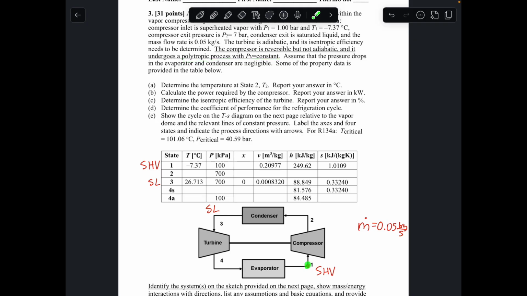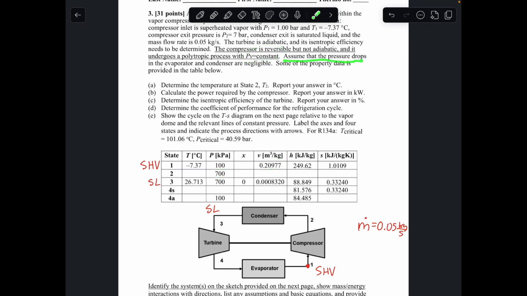So that means that our P times V at state 1, P1 V1, is going to be equal to our P2 V2. That's what that polytropic process with constant PV means. And if we look at our table, we already have some information about P1, V1, and P2. So we know that we can really easily find V2 here, and that will help us later on in the problem.